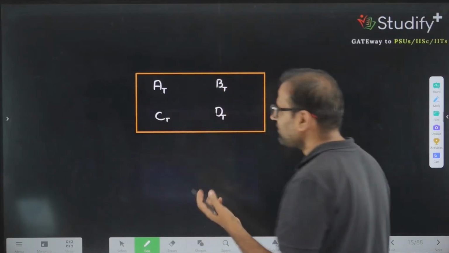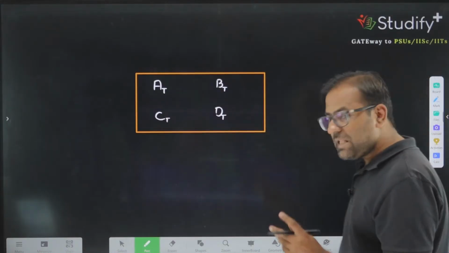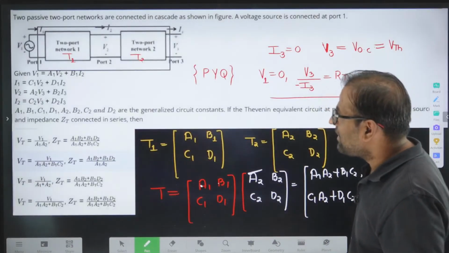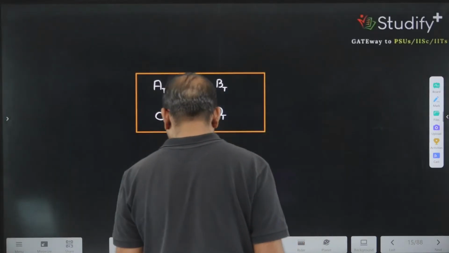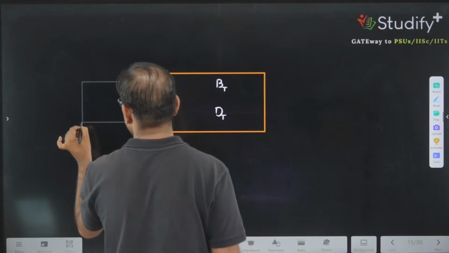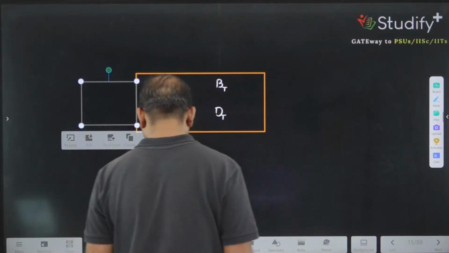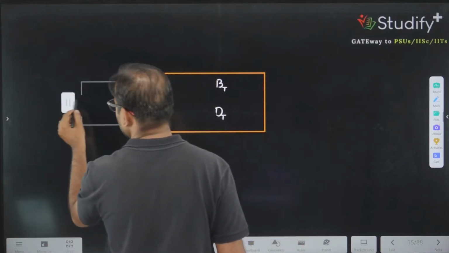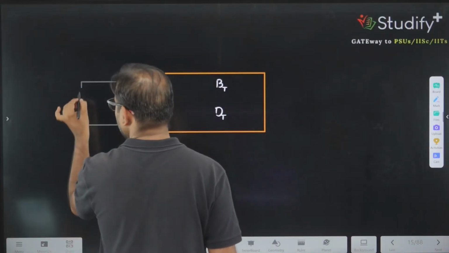We are writing like this. And what else is given? V1 and I1. The input is connected as V1, so here we have V1.